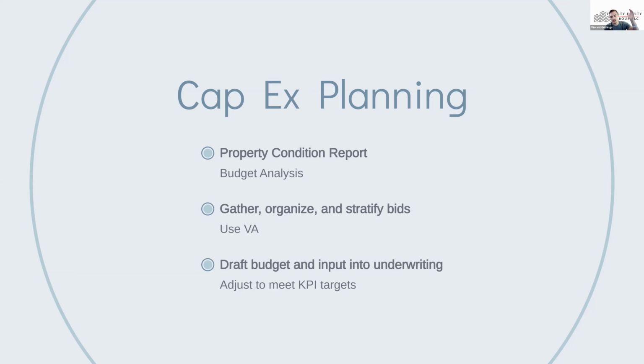So every project that we're going to do, amenities or lighting or parking lots or whatever it is, we're going to have a folder for it on our Google Drive. And then myself and a VA, a virtual assistant, are going to go out and start gathering bids for each one of those line items that we've identified on our inspection, and then just keep pumping the bids into the Google Drive folder.